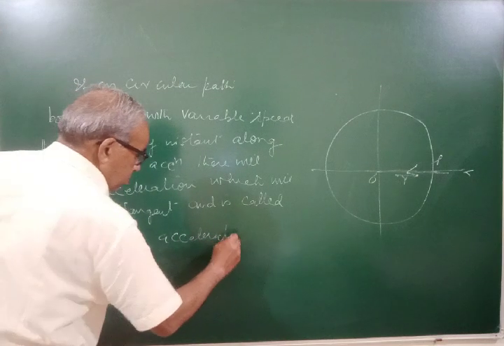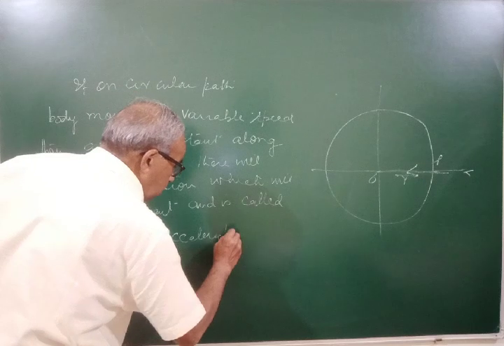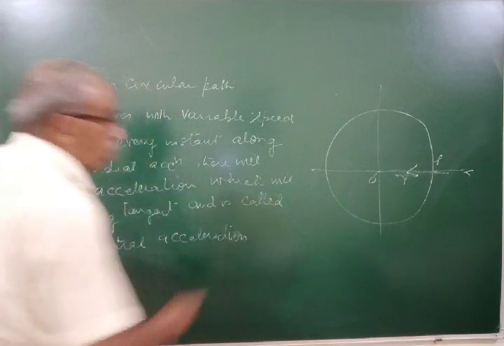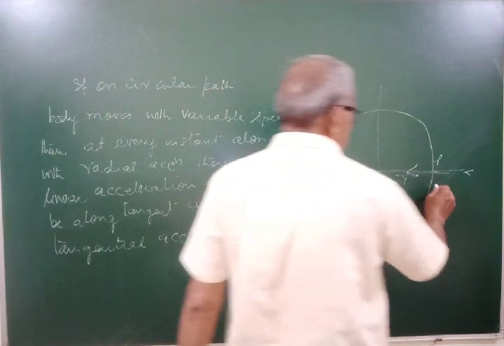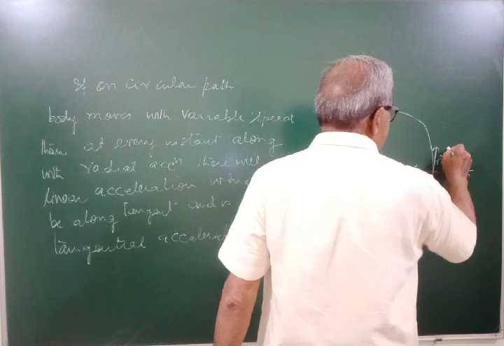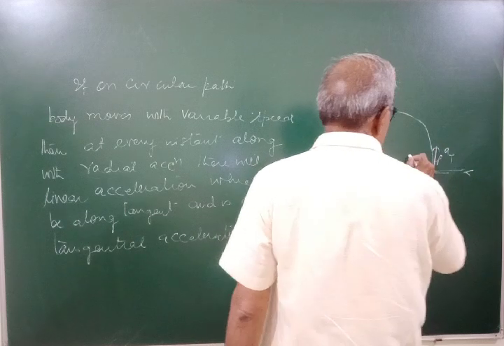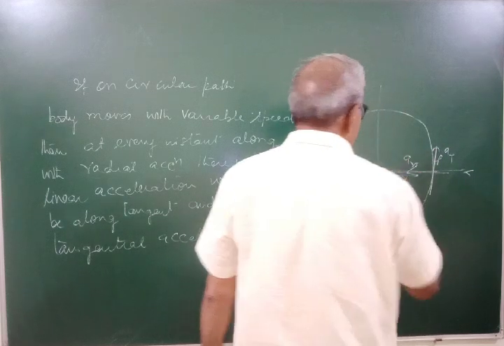This is important to understand. If velocity is varying, then AT and AR will be at right angle.